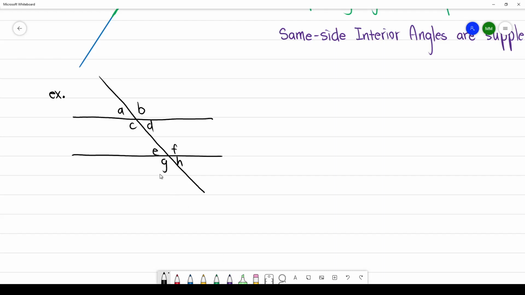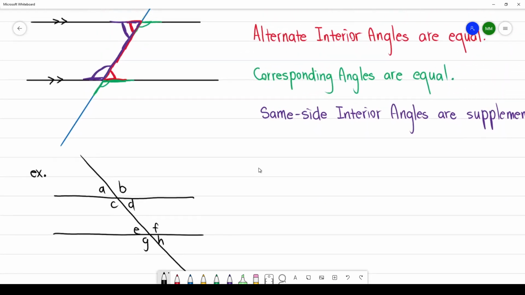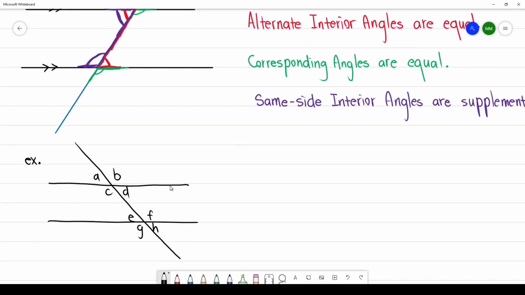GB. G and B. Well, G and B, they are equal. Yes, they are equal, but they are not alternate interior angles. Because by the name, interior means inside, so it must be inside the parallel lines. But G and B are equal, yes. They're just not called that.